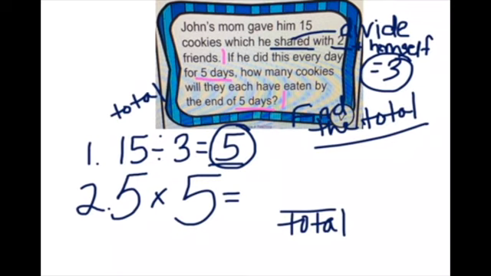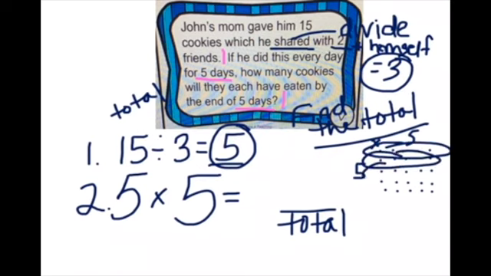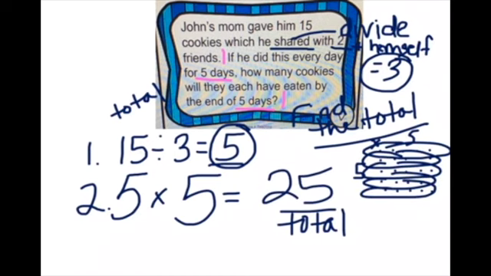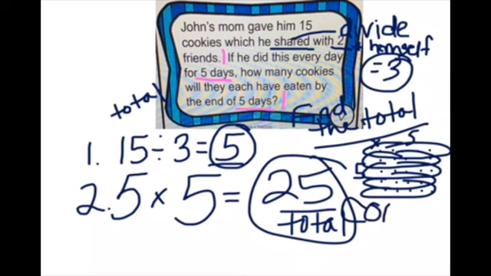If I did an array, 1, 2, 3, 4, 5, and 1, 2, 3, 4, 5, that's a 5 by 5 array, and then I would just have to fill in the rest. And I see rows of 5, so I have 5, 10, 15, 20, 25. 25 is our total. That's how many cookies that they'll have eaten at the end of the 5 days, is 25 cookies.